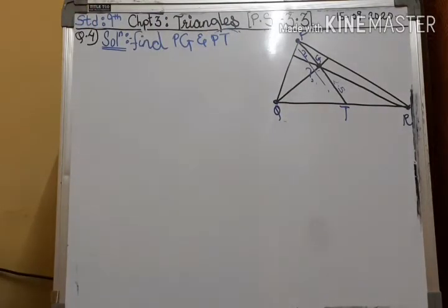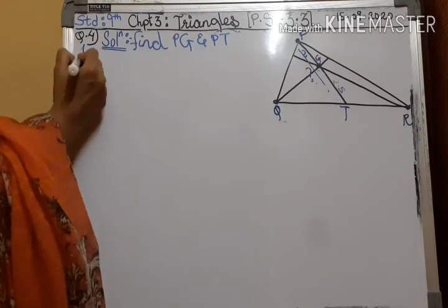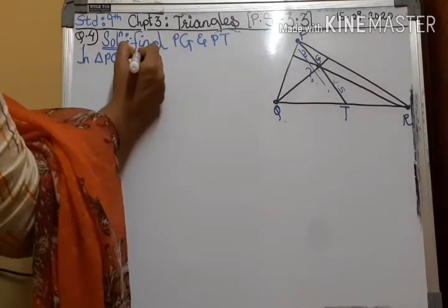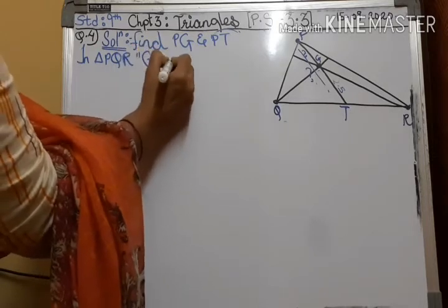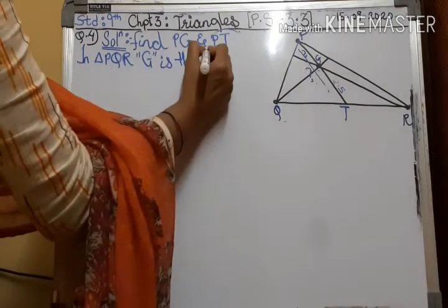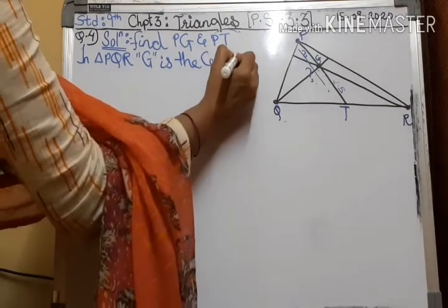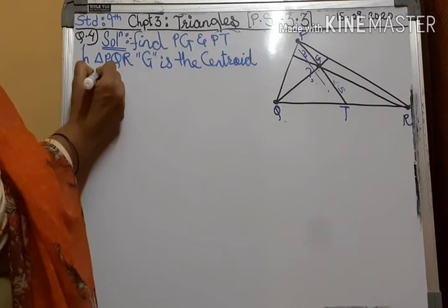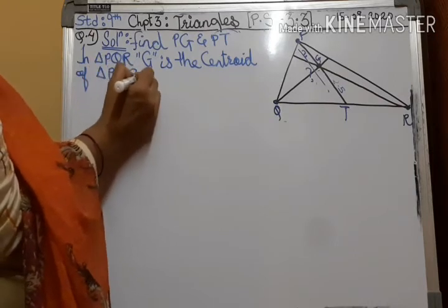So we will write: in triangle PQR, G is the centroid of triangle PQR.